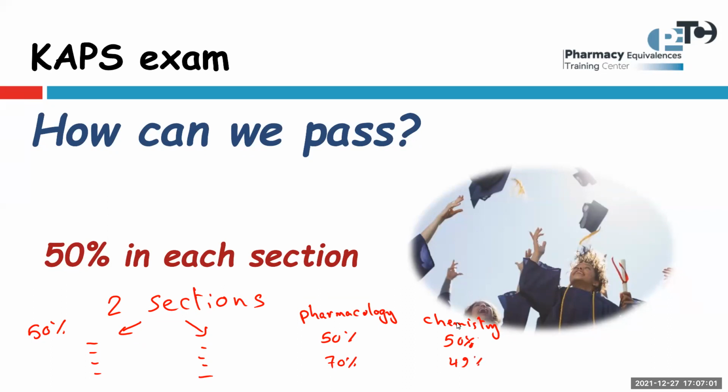They will not pass, even though the average is passing. The average score is very high, but due to this score, he will fail and will repeat the paper which he failed. So if you fail paper 1, you will repeat paper 1. If you fail paper 2, you will repeat paper 2.